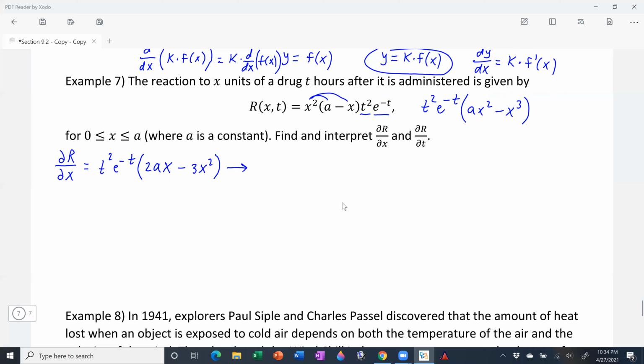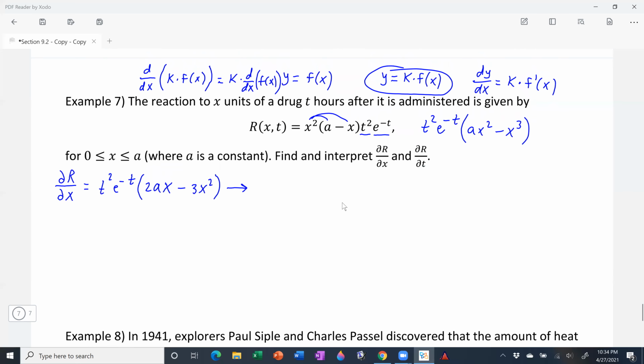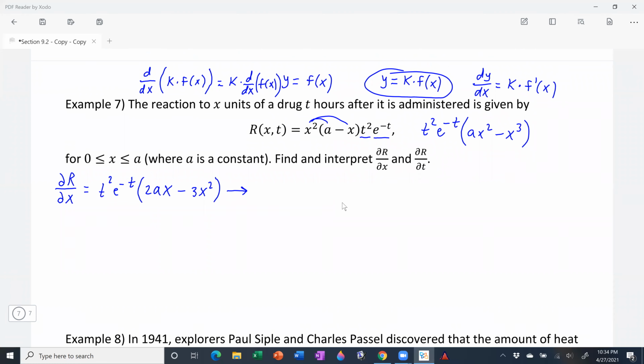So now we need to interpret what this means. It's really important to realize what this function is representing. So this is the partial derivative of the function R with respect to x. So it's going to be the rate of change of the R function, which is the reaction. So this gives the rate of change of the reaction function.